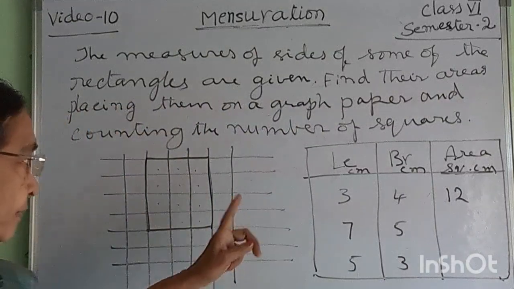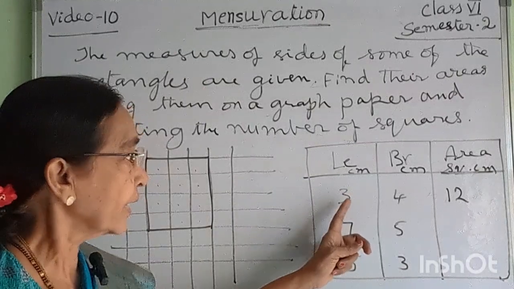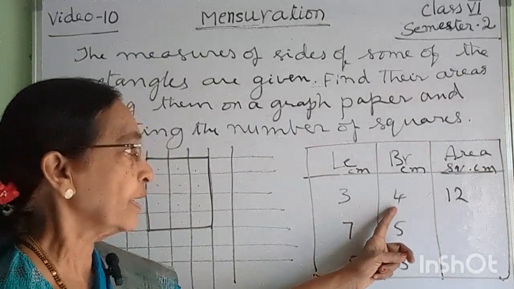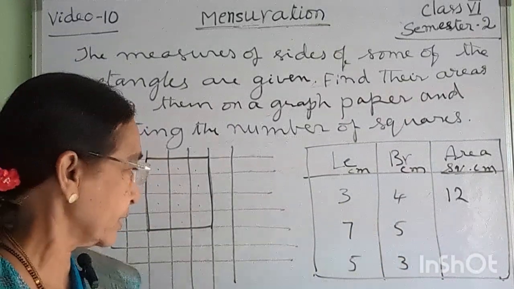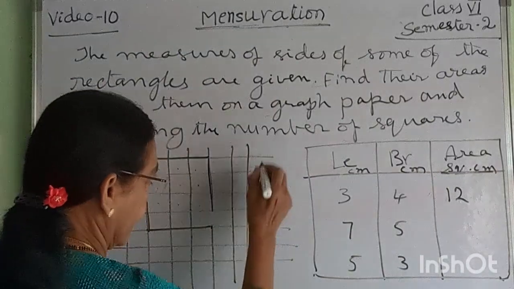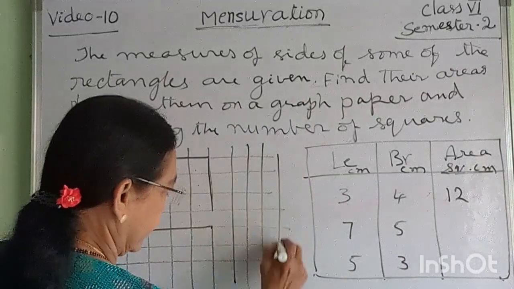So, by counting the squares on the graph sheet, we have measured the area of the rectangle whose length is 3 centimeters and breadth is 4 centimeters. Similarly, length 7 centimeters and breadth 5 centimeters. Length 7 centimeters, I will extend 3, 4, 5, 6, 7.